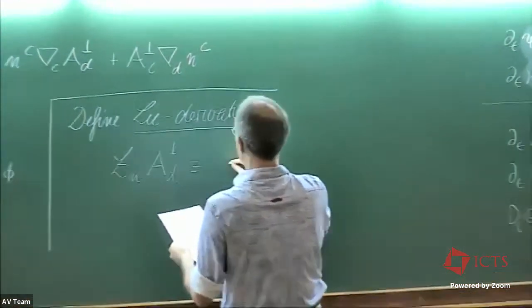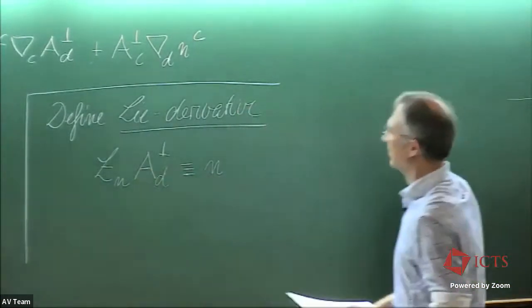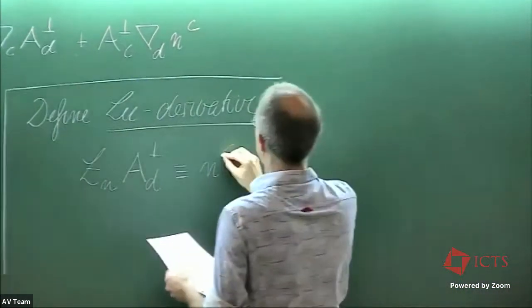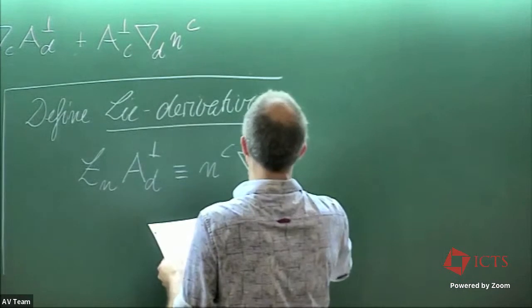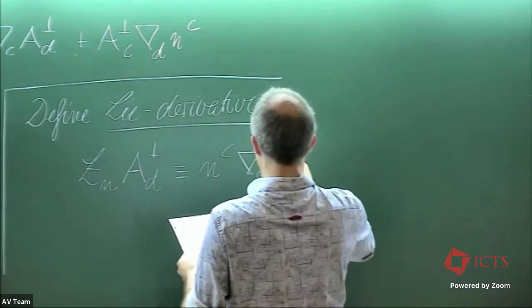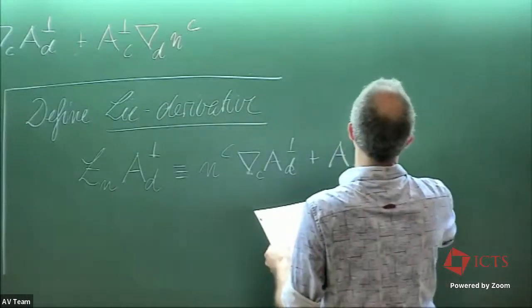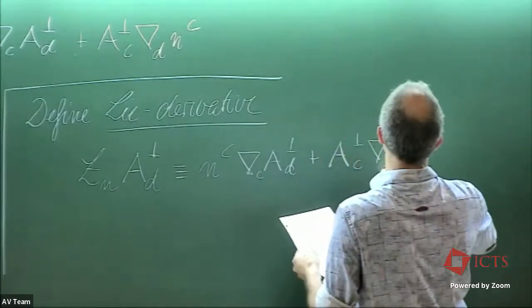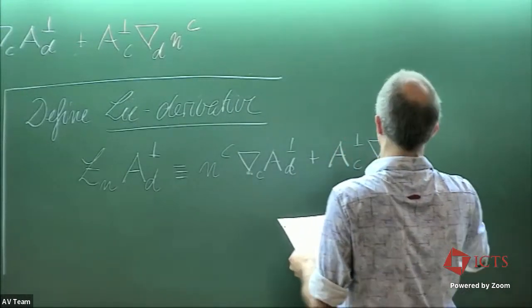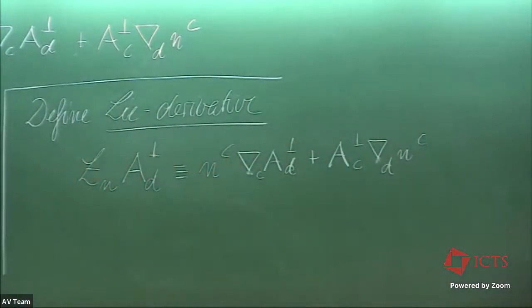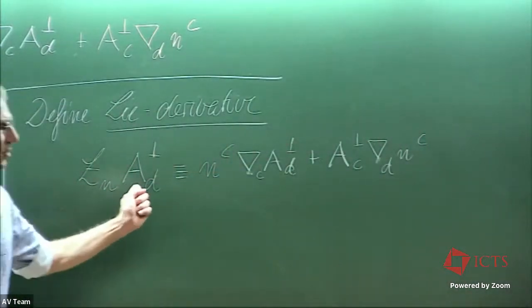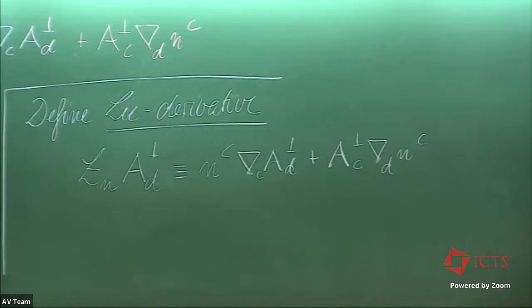We define that as n^C nabla_C A_D perpendicular plus A_C perpendicular nabla_D n^C. Okay, that is the Lie derivative of a covariant vector. It's a vector with the indices downstairs.